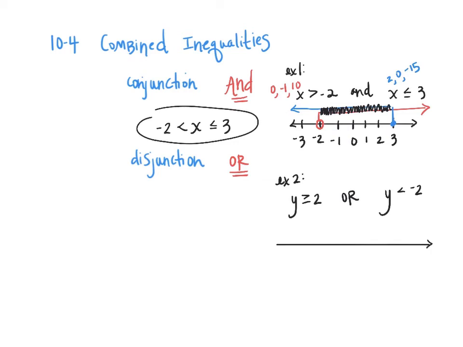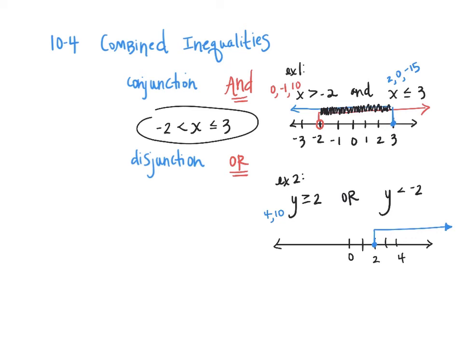So when I go to graph this first inequality, I have y is greater than or equal to 2. So I can put a closed dot at 2, and I'm going to shade everything that's bigger. So like 4 is bigger, 10 is bigger. So I'm going to shade this direction because those are my solutions.